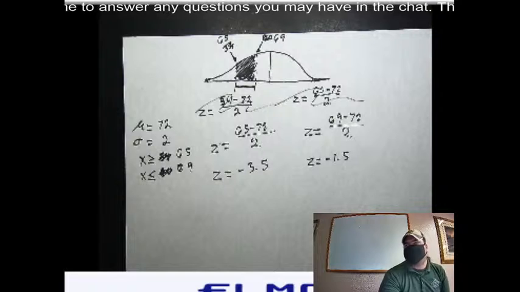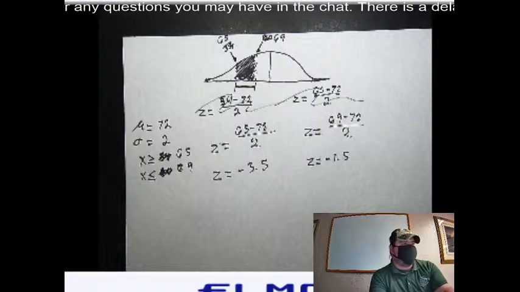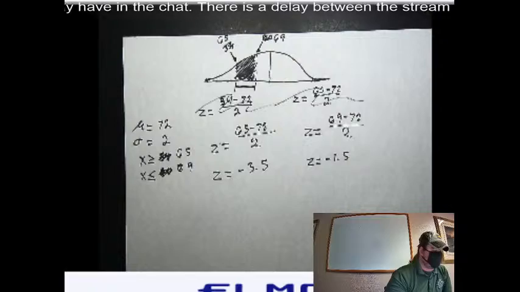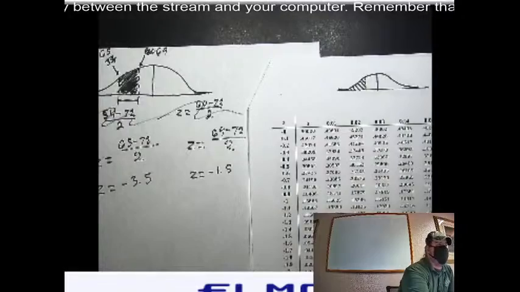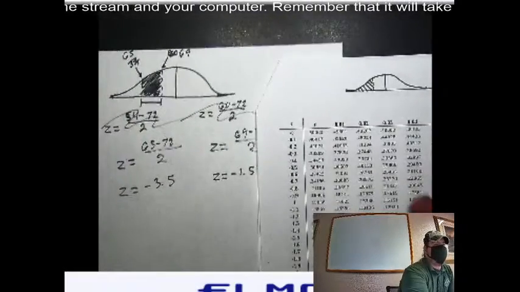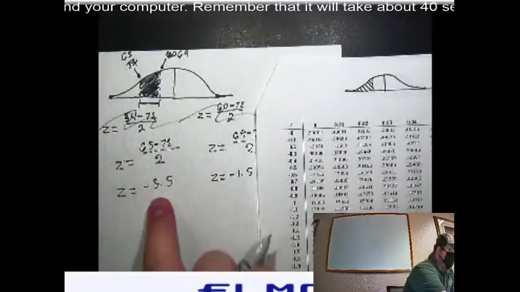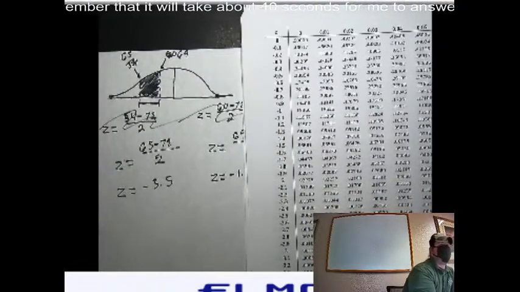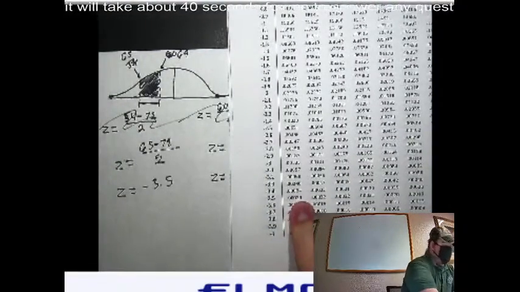So again, we have negative z values, so we need to look at our negative z chart. And let's remember what each of these is doing once we look these up. So negative 3.5 is right here. Negative 3.5, and there's no decimal after that 5, so we can just go ahead with this one.